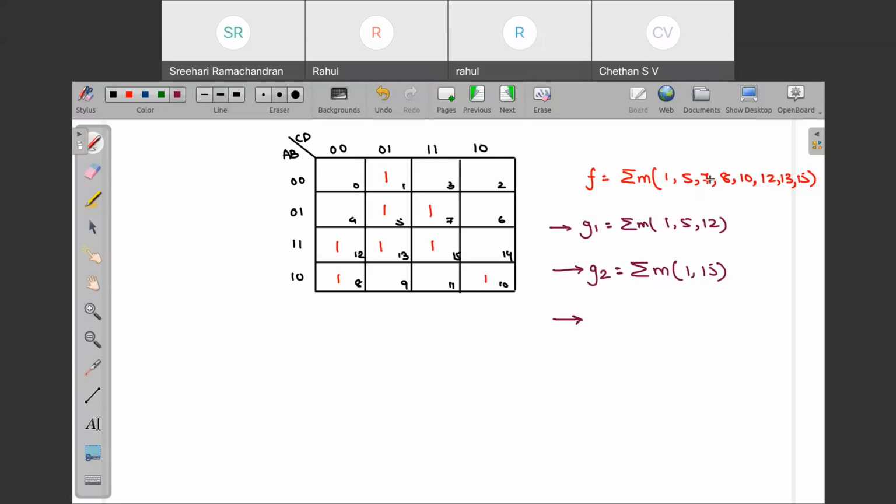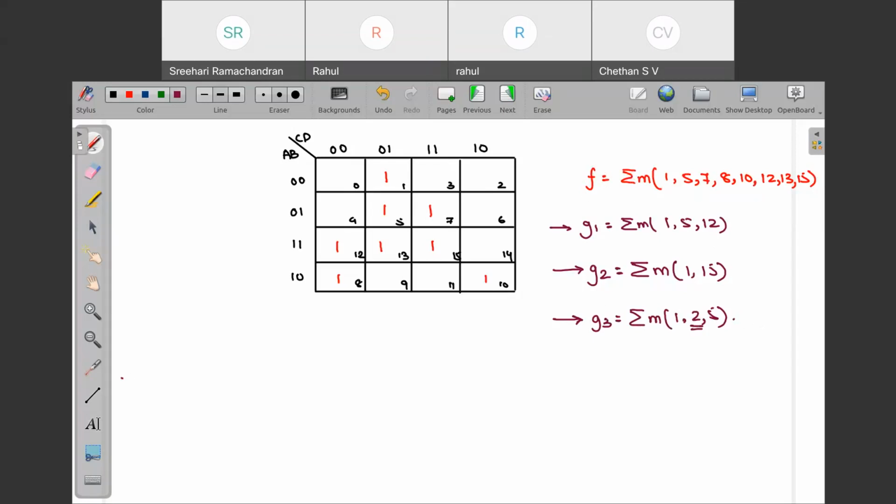Now for example, if we have a function something like this, this is not an implicant. Why? Because this min term 2 is not present in the function that has been given to us. So this is not an implicant of this function.